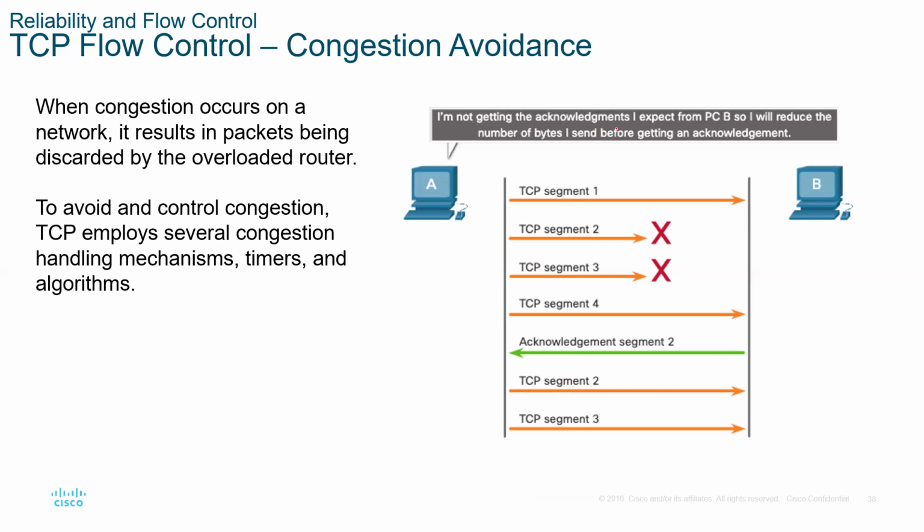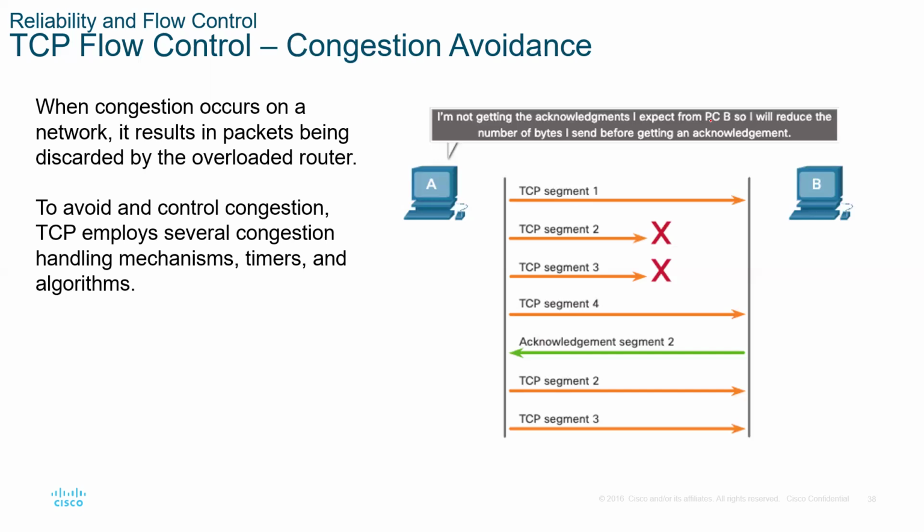I am not getting the acknowledgements I expect from PC B, so I will reduce the number of bytes I send before getting an acknowledgement. If the sender does not receive my acknowledgements at the required intervals, that means information has not reached the other end. That is congestion.